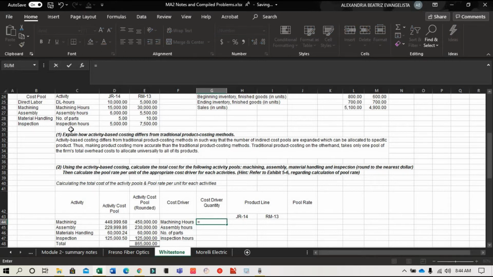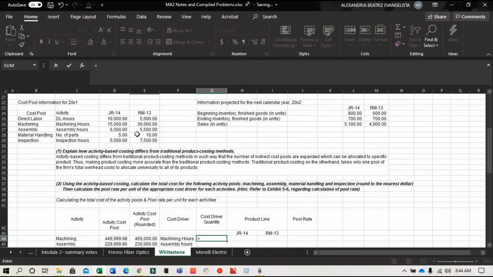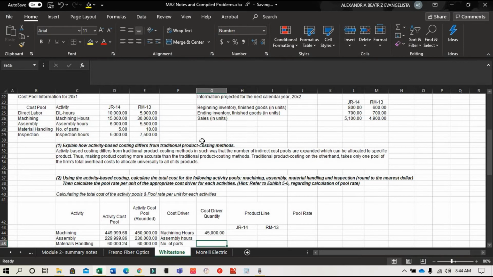So for machining, that is 15,000 from JR14 and 30,000 for RM13. So we're going to have a total of 45,000 machining hours.